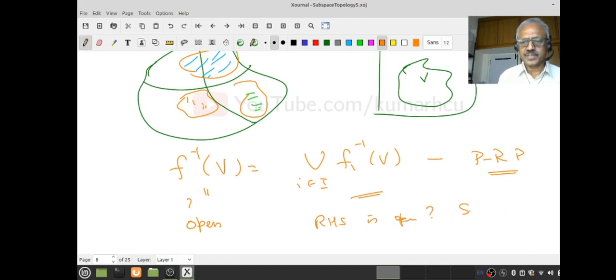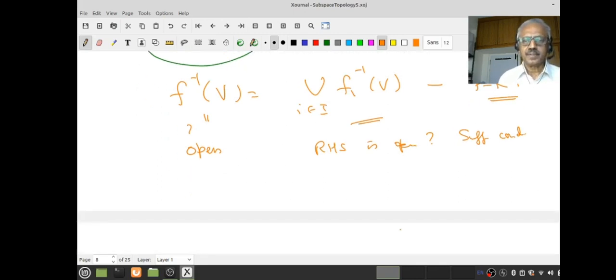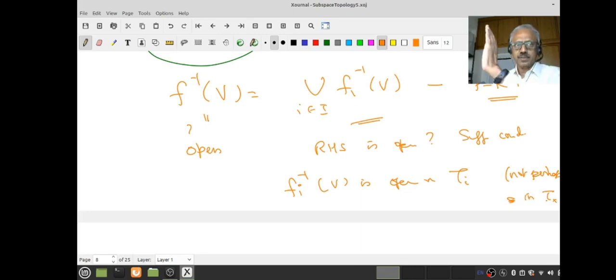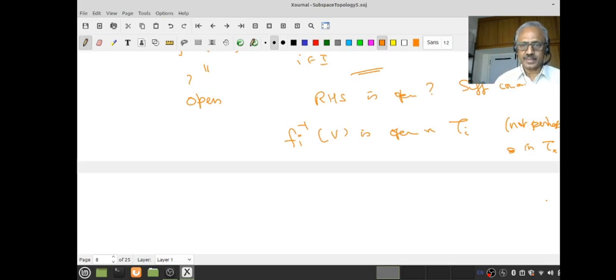Yeah, a sufficient condition for the right side to be open. Remember, f_i inverse of V is open where? In tau_i, not perhaps in tau_x, because f_i is a continuous function from A_i to Y. Therefore, f_i inverse of V will be open in tau_i.